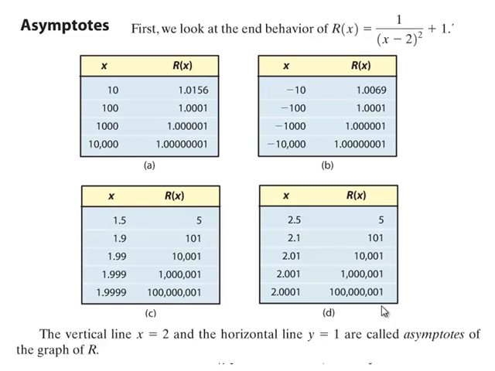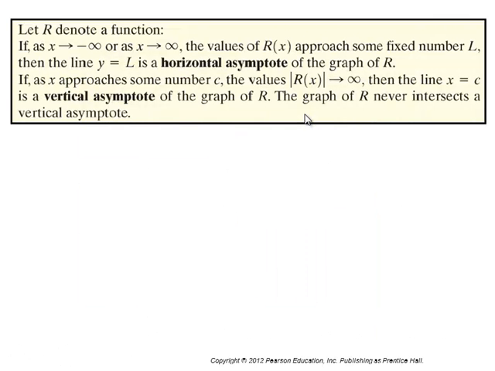Those are the behaviors of the function as x approaches 2 down here, or positive and negative infinity up here. So we like to use this notation when we say that x goes to negative infinity or x goes to positive infinity. Where does the function go? What is the end behavior?